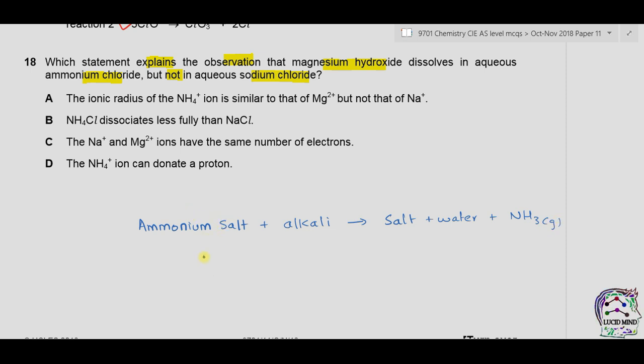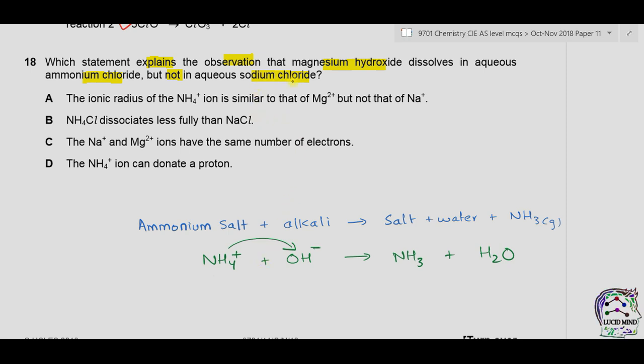In ammonium salt, NH4 positive ions are present, while in alkali, OH negative ions are present. NH4 plus donates its proton to OH negative to make ammonia gas and water.